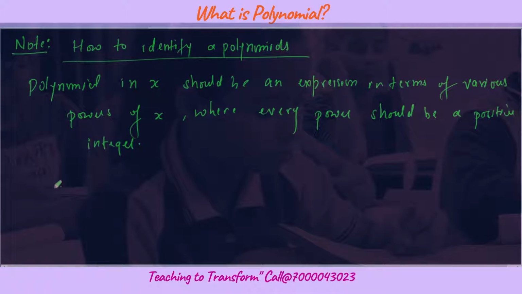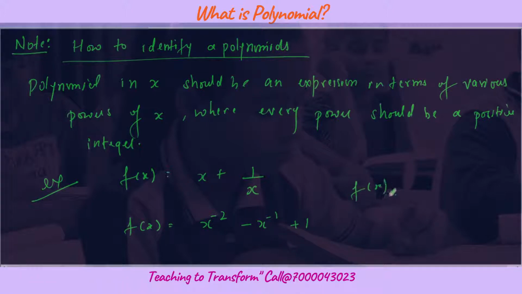For example, f of x is equal to x plus 1 upon x, or you can say f of x is equal to x to the power minus 2 minus x to the power minus 1 plus 1, or f of x is equal to x square plus x to the power 1 upon 2 plus 3.